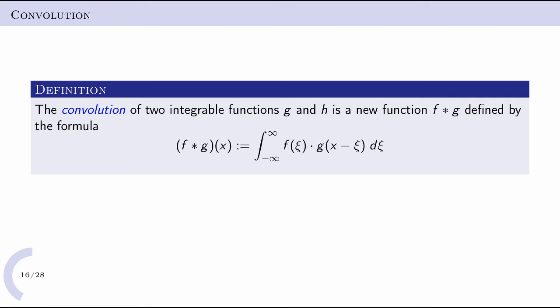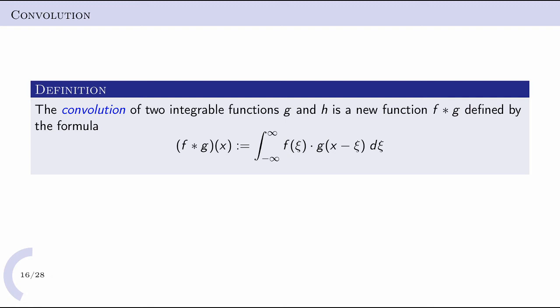If we look at the two arguments, xi and x minus xi, the important thing is that if we add them together, the variable of integration cancels out, and we arrive at x, the point at which we define the convolution. This is important. We'll use it in a moment in a discrete setup.